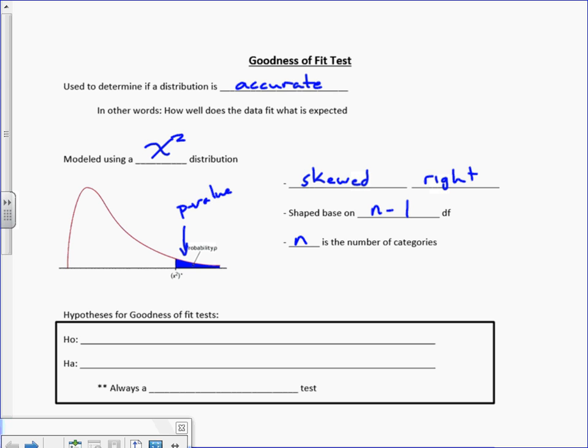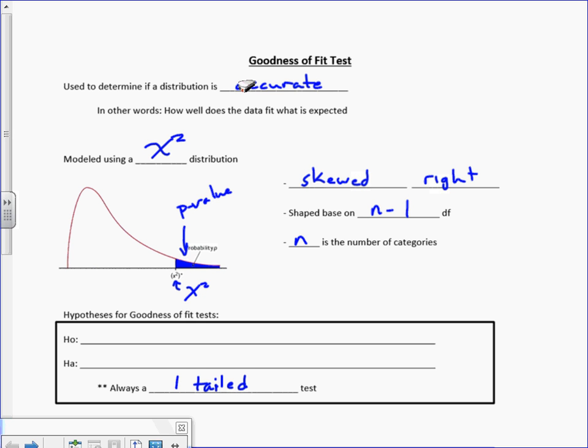And that cutoff value, with the z-test we used z-scores and t-distributions with t-tests and t-intervals. This time it's a chi-squared distribution, so this cutoff value is actually going to be a chi-squared value. One thing to notice, this will always be a one-tailed test. You can see it'll always shade up.